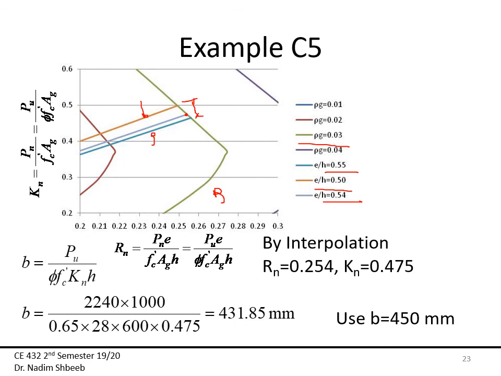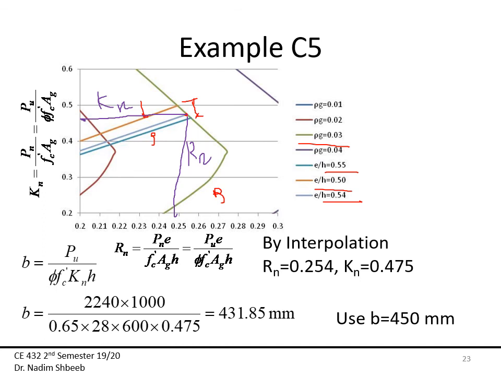I know everybody knows how to do interpolation. So once I have this point, I have two choices. The first choice, let me do that in a different color, I could go this way and get a value for Kn. Or I could go this way and get a value for Rn.